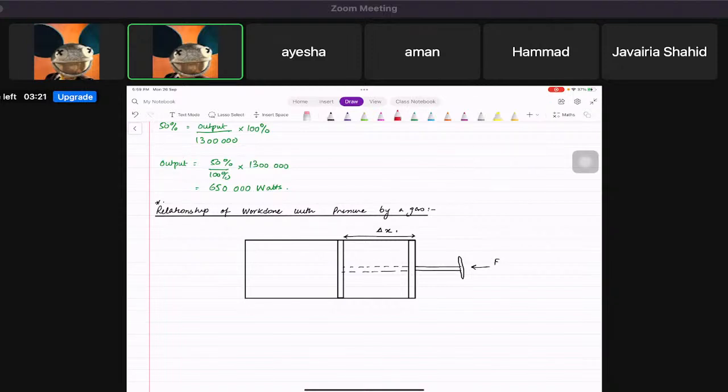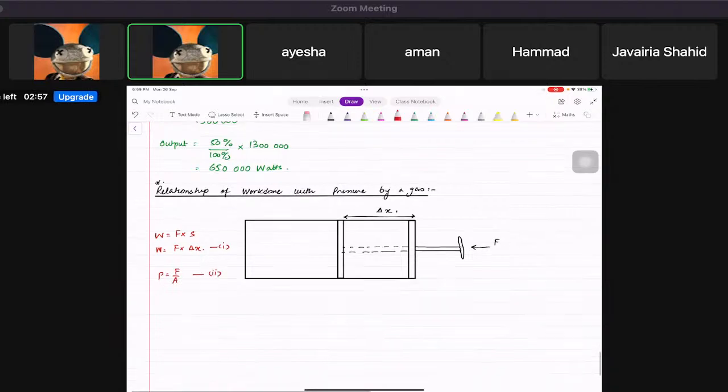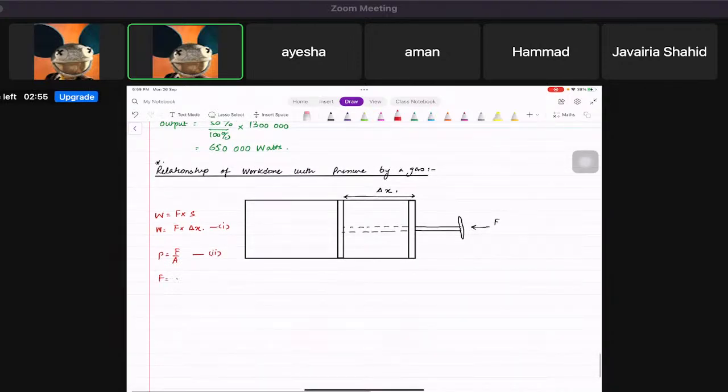Now what we have learned is that work is force times the displacement, and in this one the force has caused a change in length, which is delta x. So this is our first equation. And we also know that pressure is force over area, so that's 2, and the force is pressure times area.